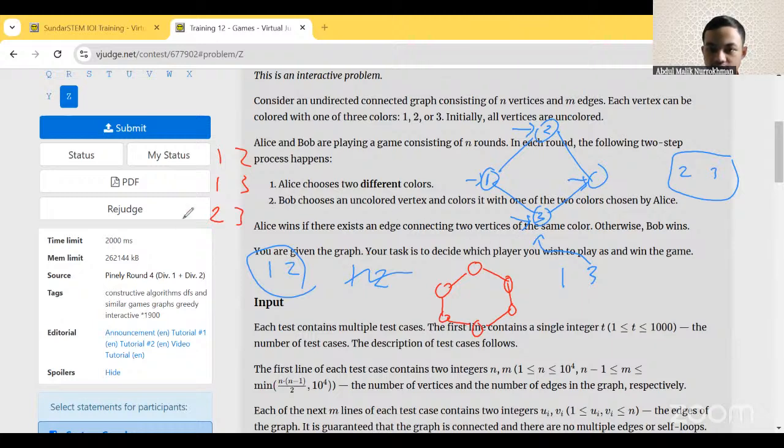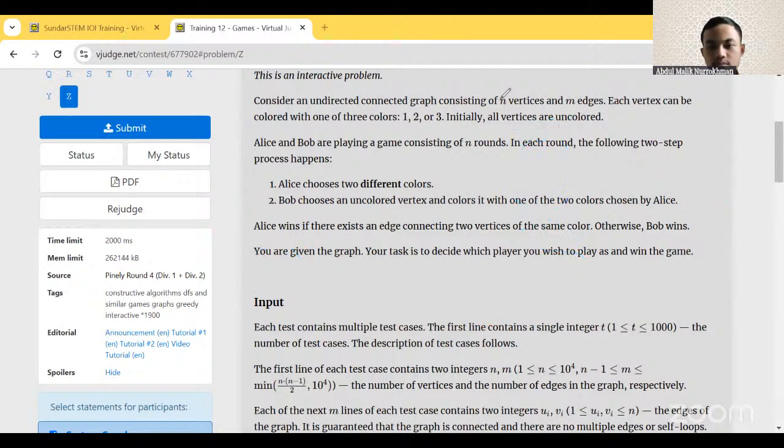What is the strategy for Bob? Alright. One of the strategies is we will make the graph bipartite.